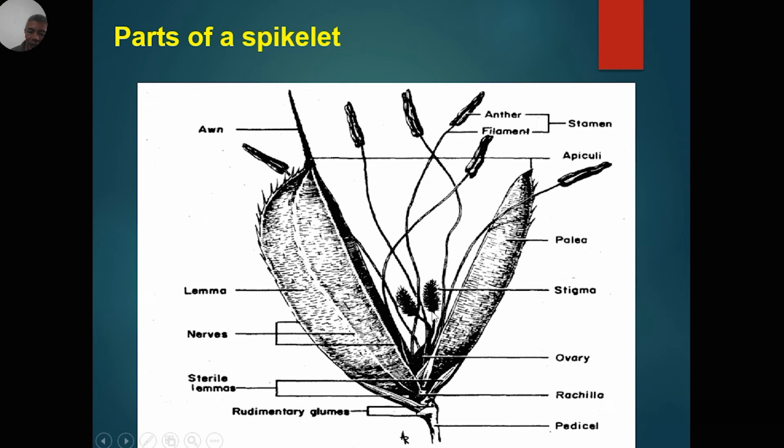This is the pistil, consisting of the stigma, the style, and the ovary.